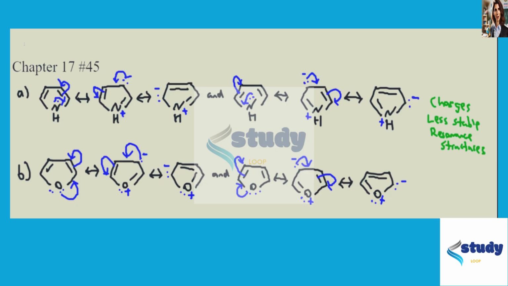And so the reason that furan is less resonance stabilized than pyrrole is that oxygen is less basic than nitrogen. So the lone pairs are donated less willingly, since there's not as much driving force there.